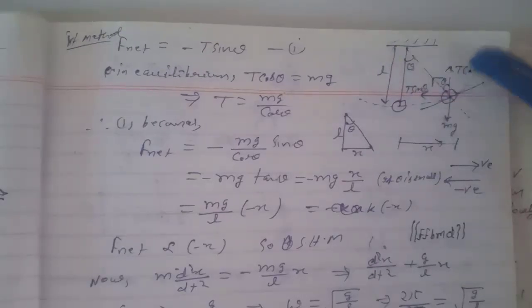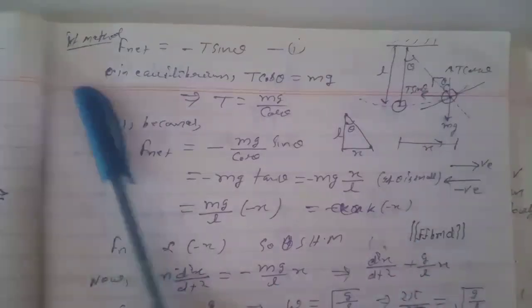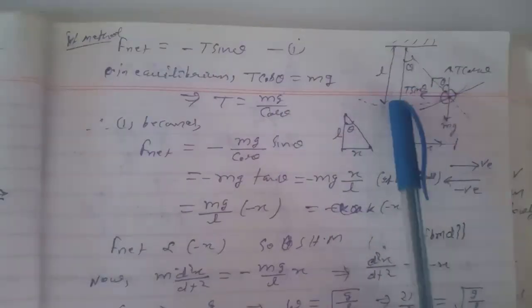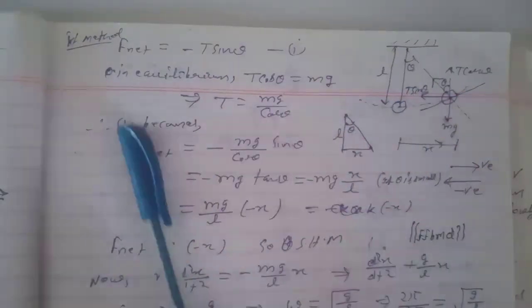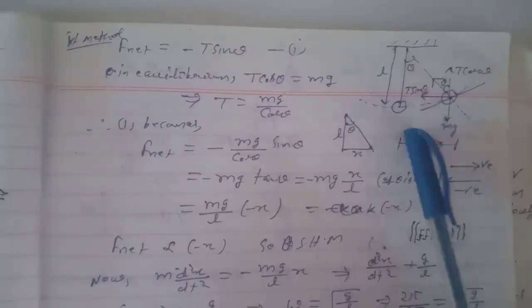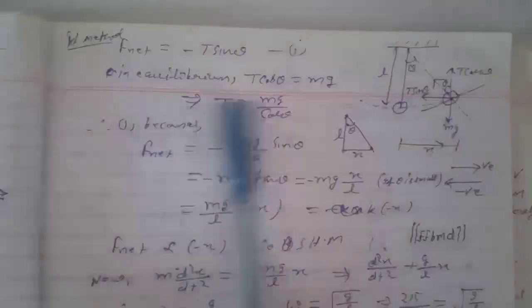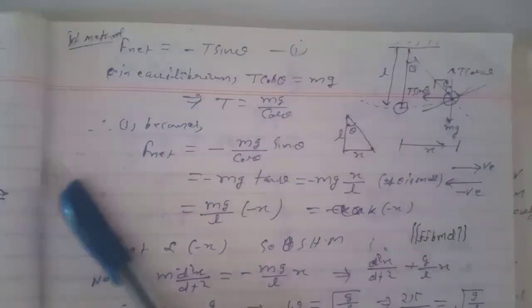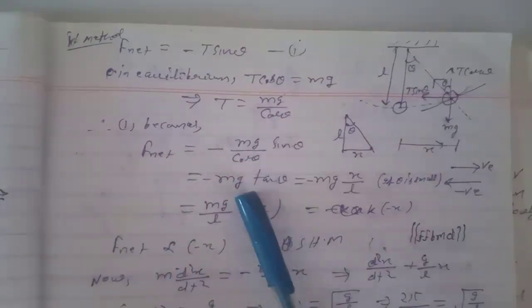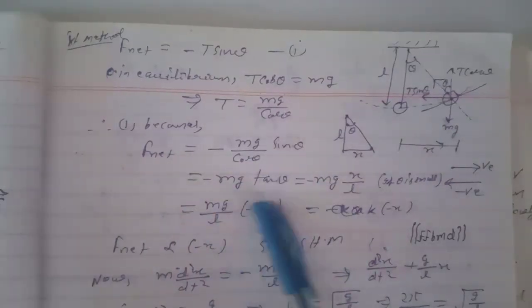So tension has two components, T cos theta and T sin theta. Now F net equals minus T sin theta, because T sin theta is acting in this direction. In equilibrium, T cos theta equals mg, because in the vertical direction it is in equilibrium. So T equals mg by cos theta, and so F net equals minus of mg by cos theta into sin theta, or minus mg tan theta.